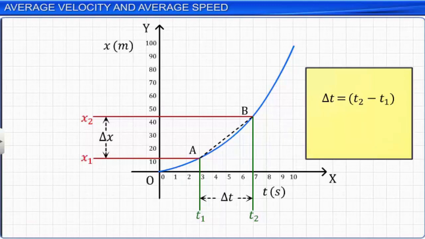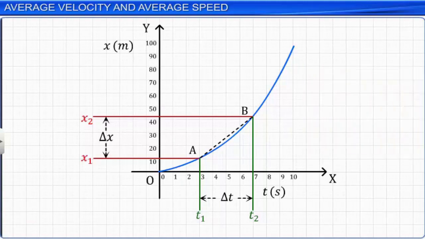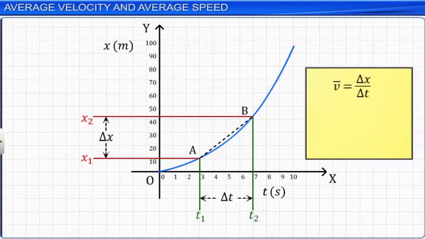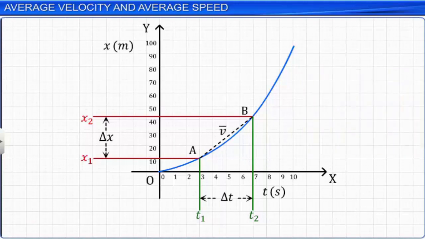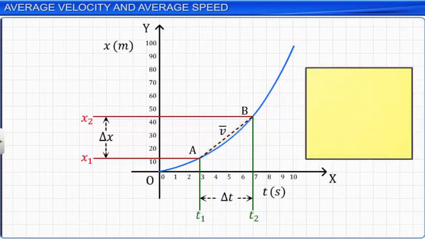V bar is equal to 32 by 4, which is equal to 8 meters per second. V bar represents the slope of the line joining points A and B. Slope is equal to tan theta, which is equal to (x2 minus x1) by (t2 minus t1).